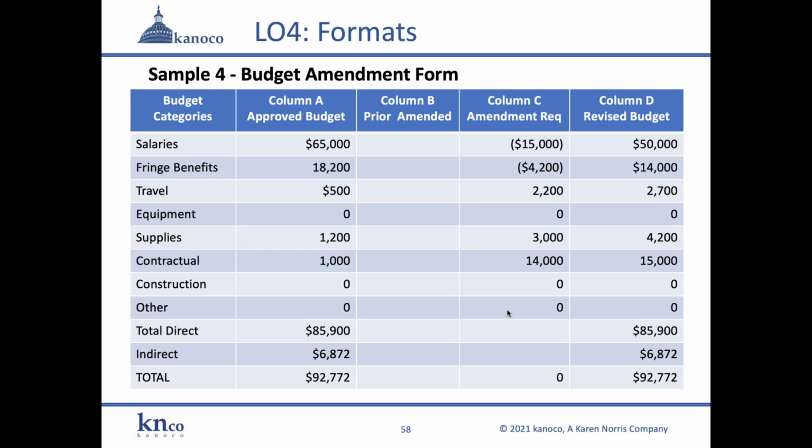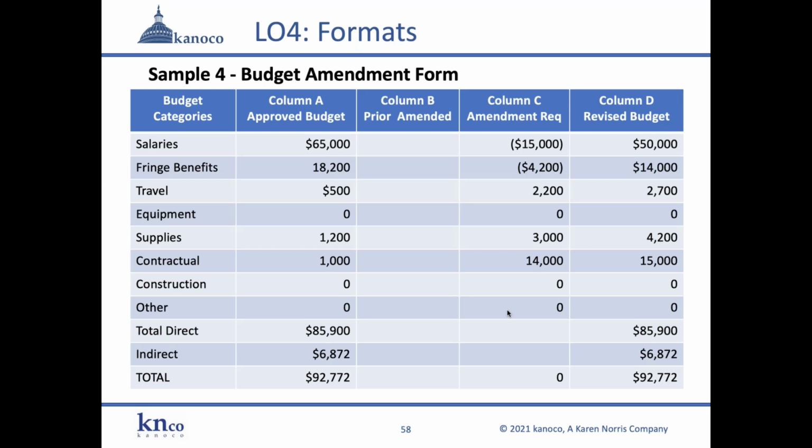So they took 15,000 out of salaries and 4,200 out of fringe benefits. And then they increased travel. Travel went from 500 to 2,200. Supplies went from 1,200 to 3,000, and contractual went from 1,000. That's a big jump to $14,000.